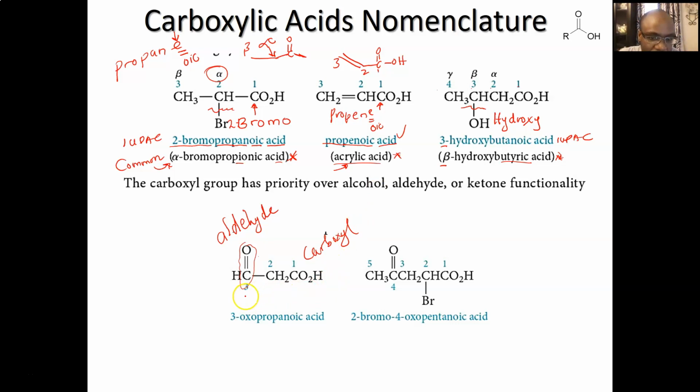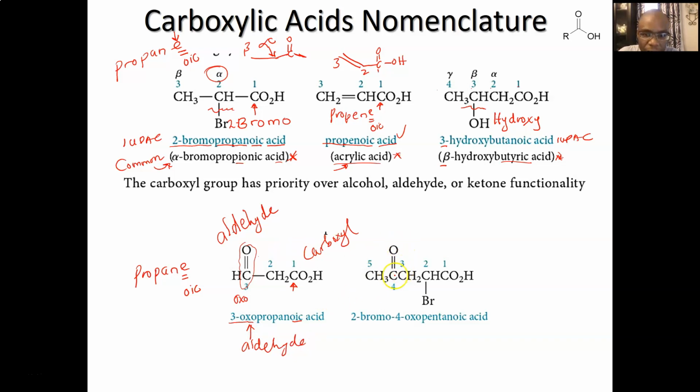So we use a special infix word, oxo, in the name. Still the carbonyl of the carboxyl group gets priority. You have 3 carbons on the longest chain, so one would have called it propane, but the E is going to be replaced by oic, propanoic. The oxo is on the third carbon in the longest chain bearing the carboxylic acid, so it's 3-oxopropanoic acid. So this oxo part takes care of the aldehyde carbonyl.